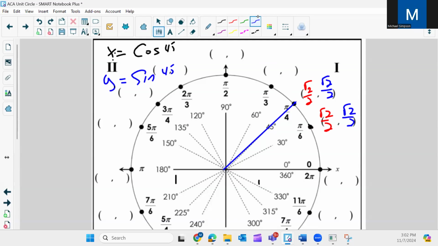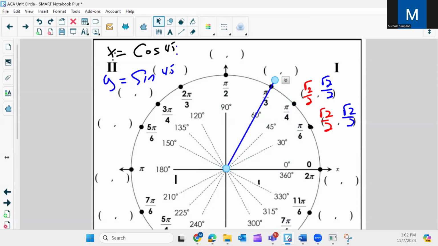Now, for this one, the angle is 60. So you see the angle is going to change, but it's still the same formula. If I move this up just a little bit, to 60 degrees, again the angle is 60.